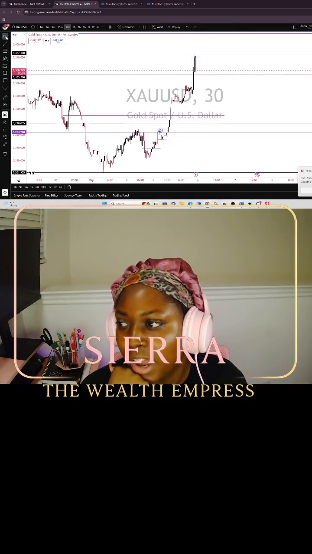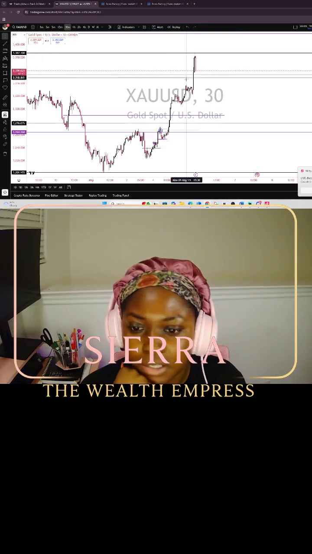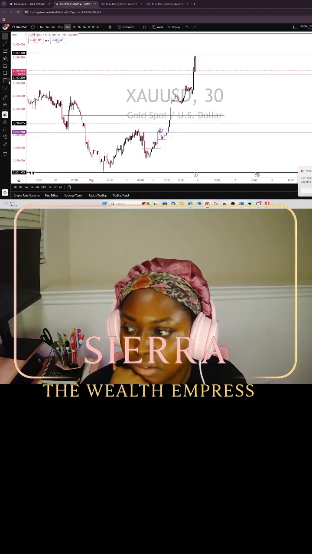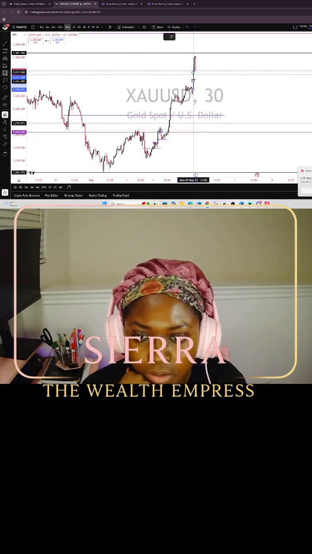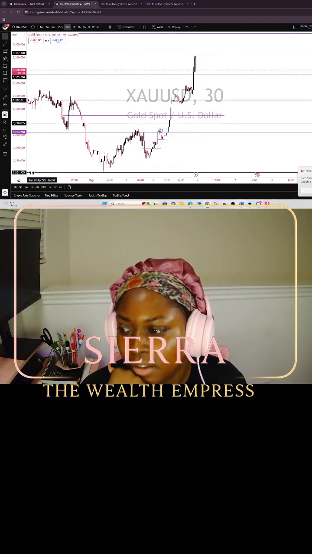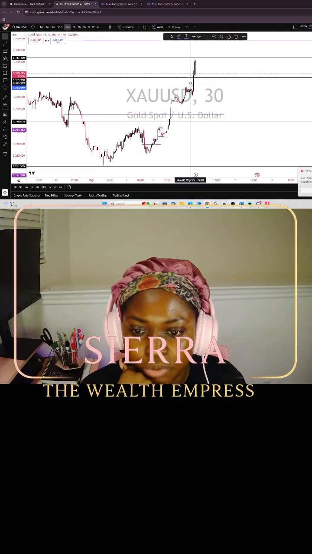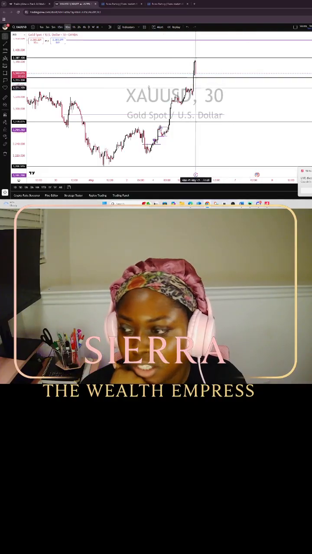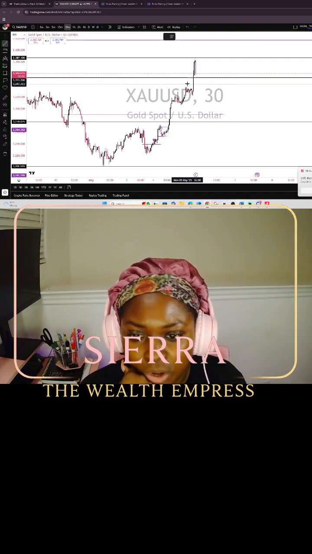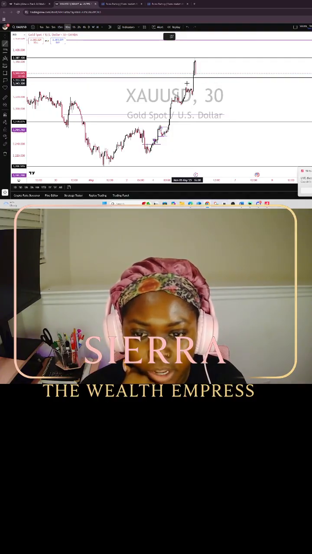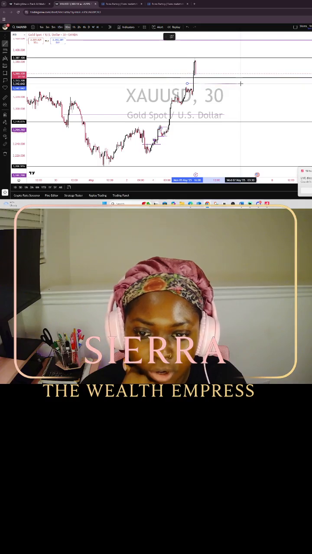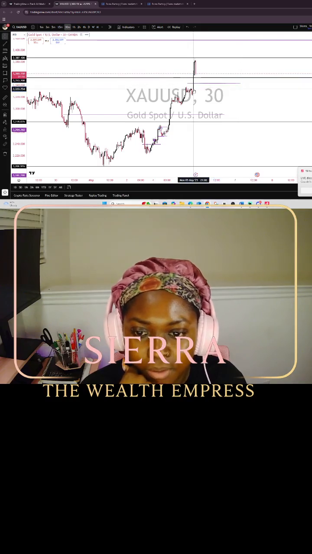That don't look right. I need to put my other cursor back. I don't like this. Okay. All right. So this gap is going to tell me everything I need to know. If price is going to continue higher, it's going to continue higher from here. And if price is going to go lower, it's going to come underneath and retest it and go lower from here. So I'm going to set my alert.